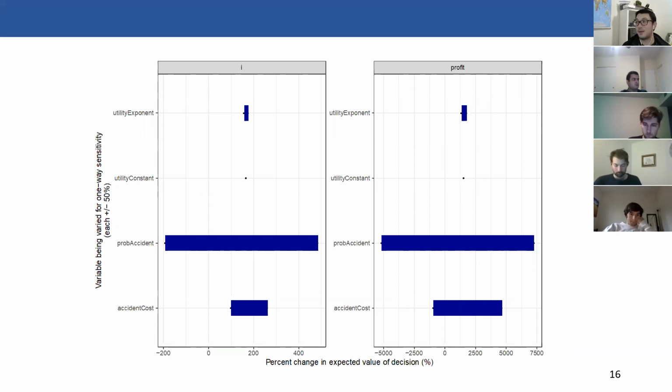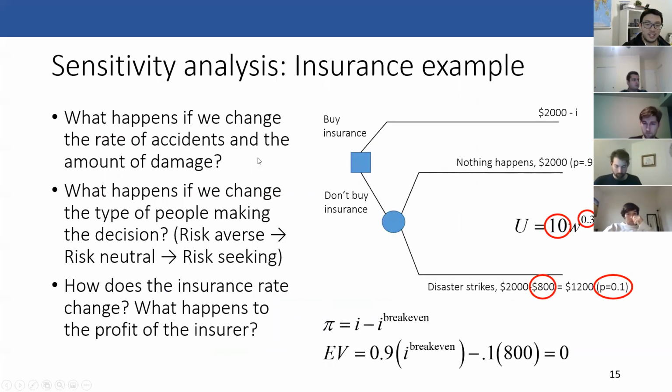But again, in more complex examples, you wouldn't be able to do something like that. And even then, just looking at the structure of this problem, it's not immediately intuitive to me that changing this P is more important than changing the damages or changing these items, right?